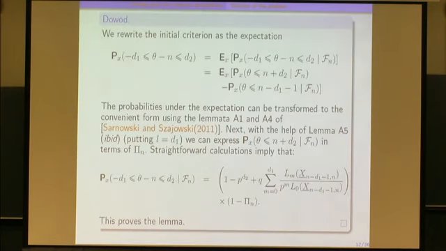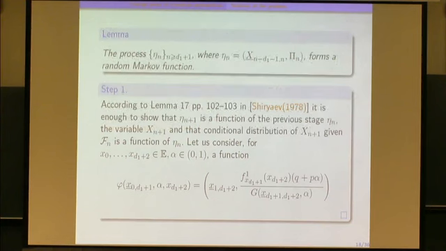Okay. It is a short sketch of the proof of this fact. Of course, some calculation is needed to calculate this probability and this probability, but it gives this formula as I mentioned before.